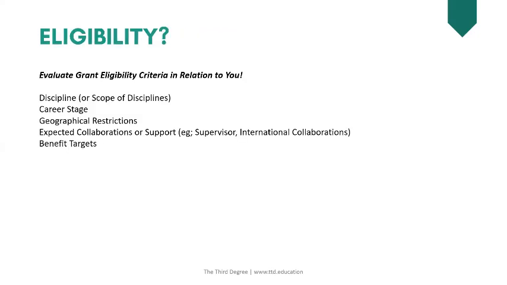Once we've looked at what grant we want and we've found two or three or even one that we're interested in, what we have to do is understand our personal eligibility. And this kind of relates to a few different things. Sometimes the grants that are out there might exclude PhD candidates.